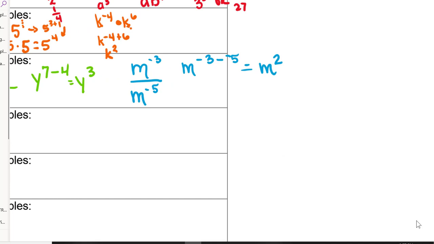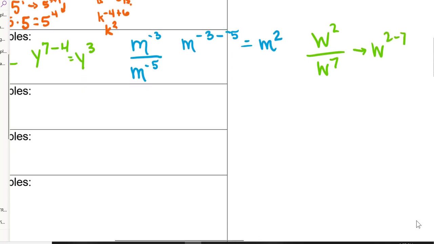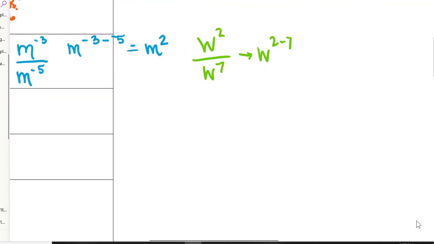Sometimes when you do this, if we had w to the second divided by w to the seventh, we would do the second minus the seventh powers. Notice we do have the same base of a w. And when I subtract this, I'll have w to the negative fifth.